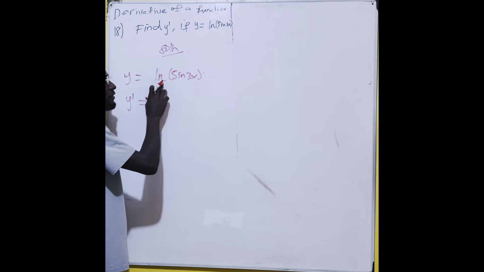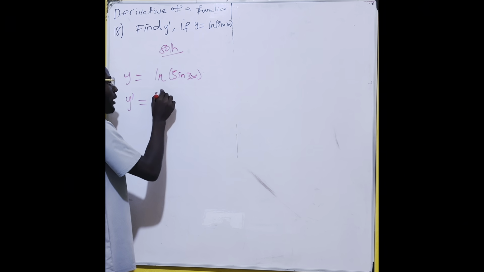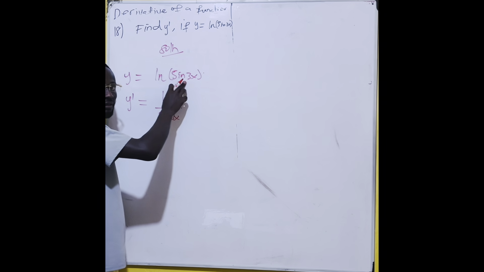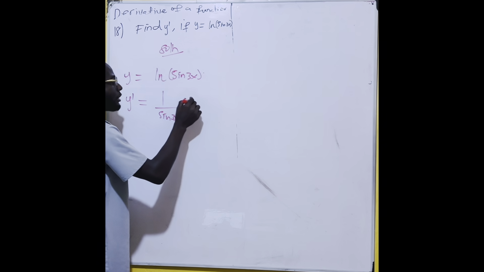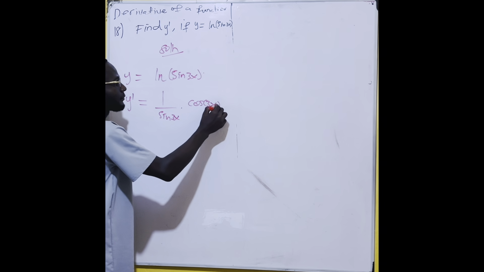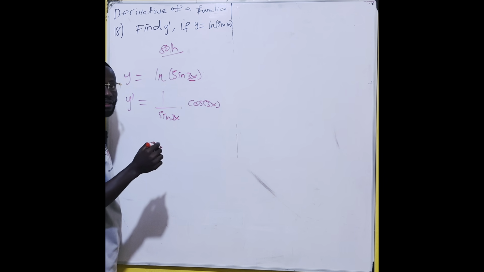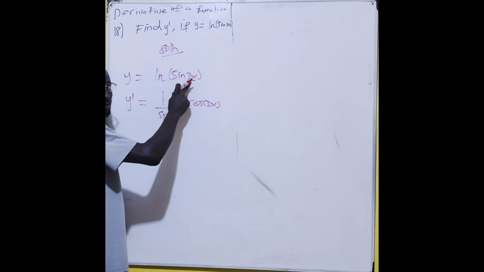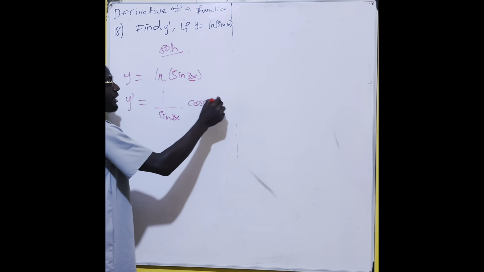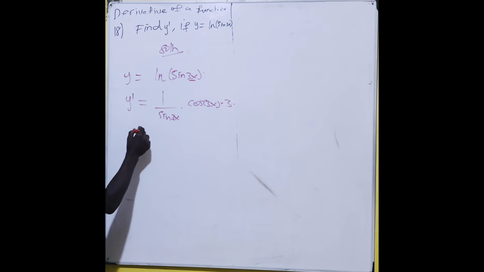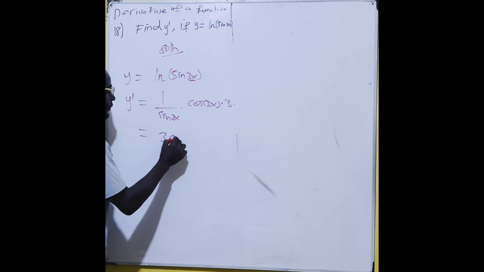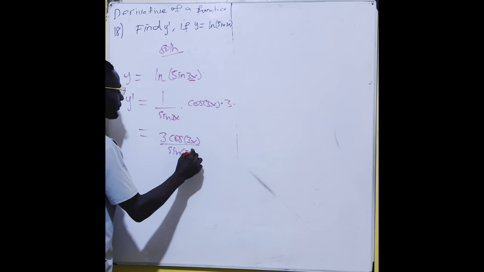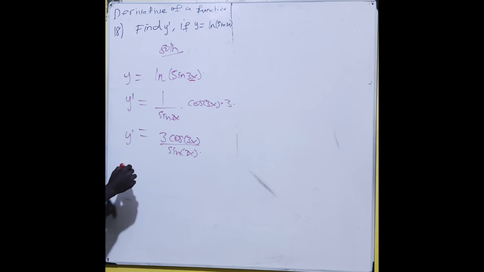If you want to differentiate a function inside the ln function, you take 1 over the function inside the ln function times the derivative of the function inside the ln function, and that is going to be cos 3x. Then we differentiate the function inside the ln function, right? And that is going to be 3. So we have times 3. So we're going to have 3 cos 3x divided by sine 3x, right? So this is our first derivative.